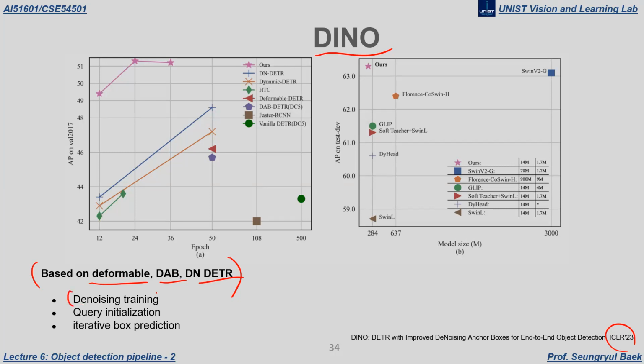So it involves the denoising training, and also it involves query initialization using the spatial information, and also it has the iterative box prediction. Okay. So in very early epochs, it achieves very good performance compared to others. Okay. And also the model size is smaller.